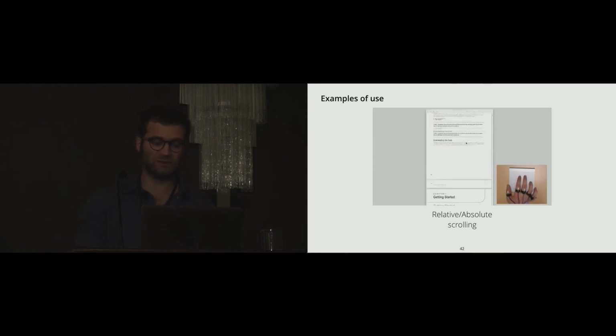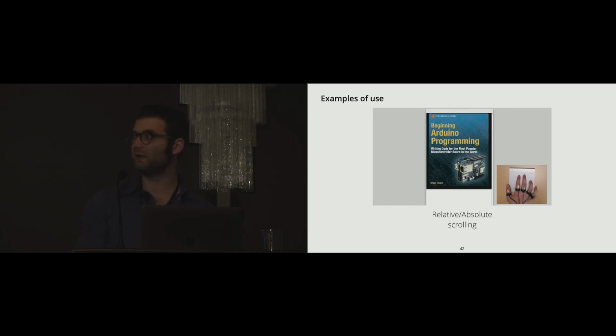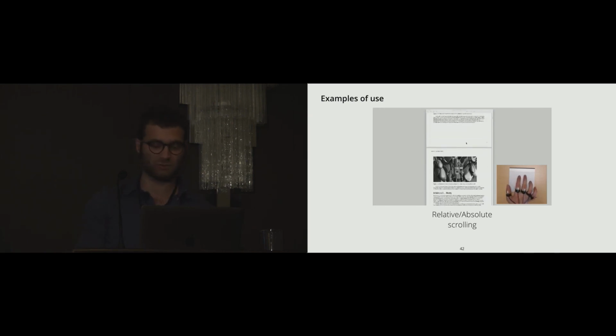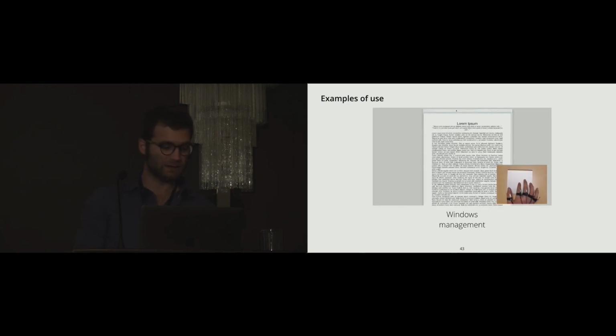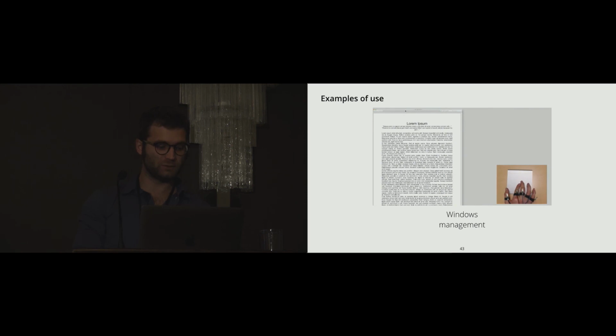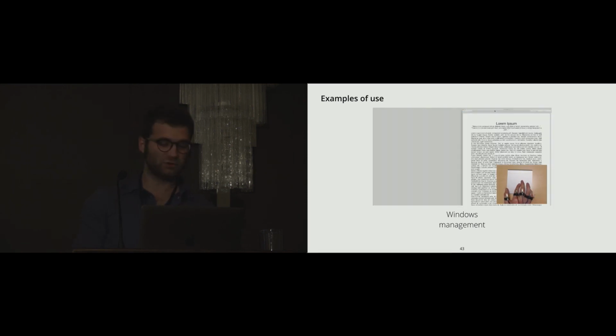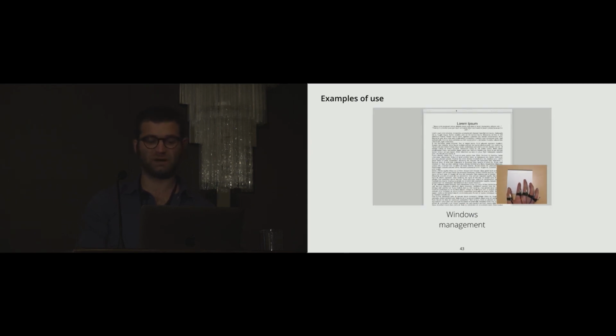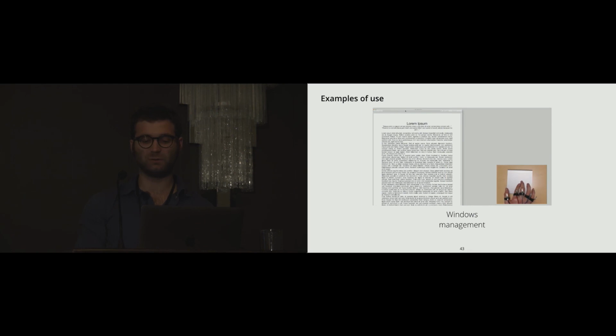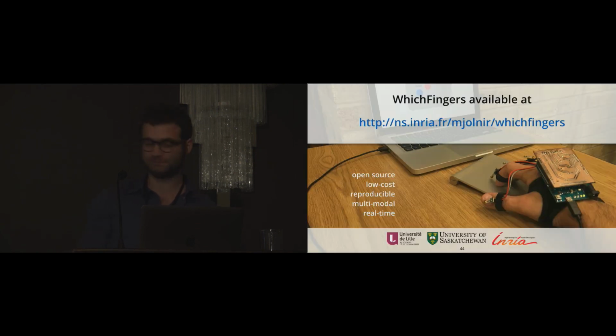We also implemented the scrolling equivalent, in which an index finger scrolling gesture triggers relative scroll of a document, and the middle ring scrolling gesture triggers an absolute scroll of the document. And in our last example, we overrode the window management system, in which an application window occupies the left, right part, or the entire screen, depending on which chord is used while clicking on the menu bar.